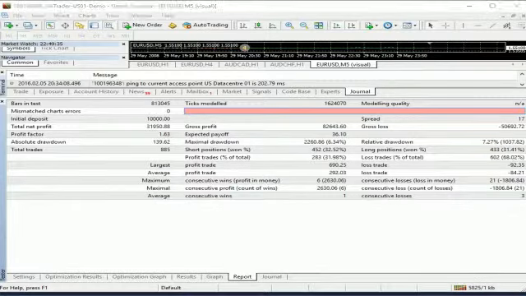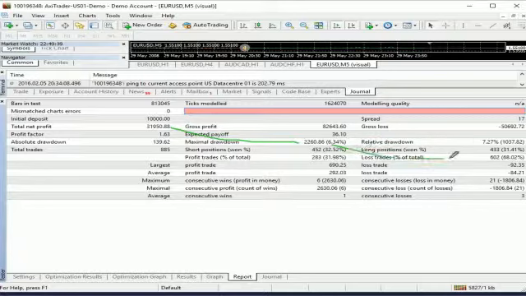I always read reports diagonally, like this, like this, like this. Average earning trade makes 3%, 2.92%, but I only earn 31% of the times. But if I earn a 3%, which is great money, right?